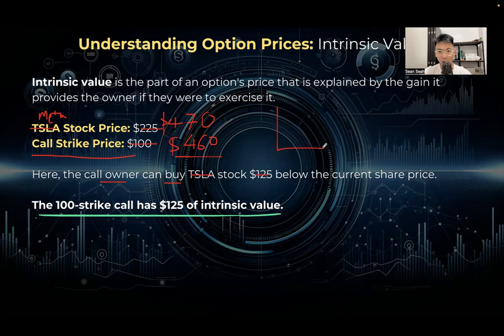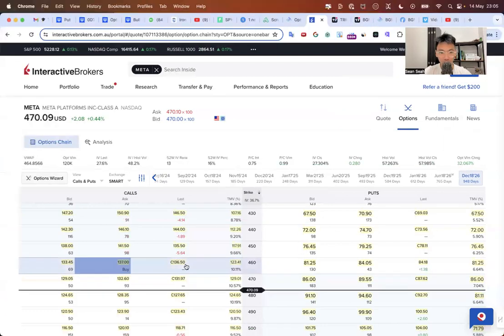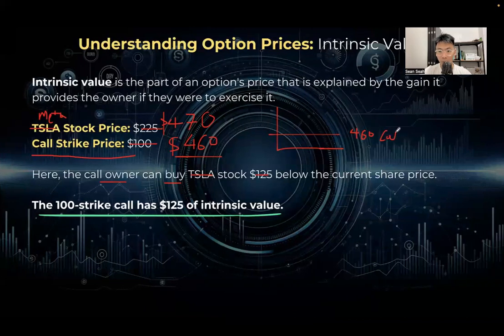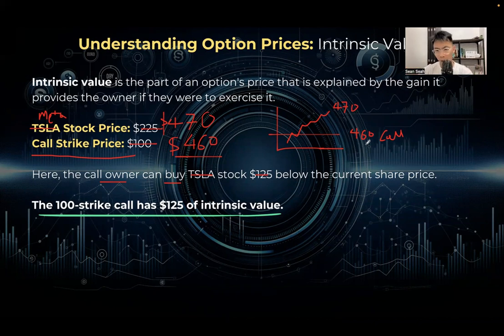Now, if I'm going to put it visually, a 460 call allows us to lock in at this price at 460. Remember, it allows us to buy when we talk about call. And as the share price goes up to 470, we can immediately, in theory, and practically we can do that also, buy the shares at 460 and sell at 470.